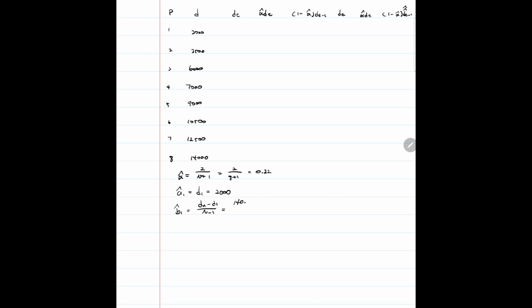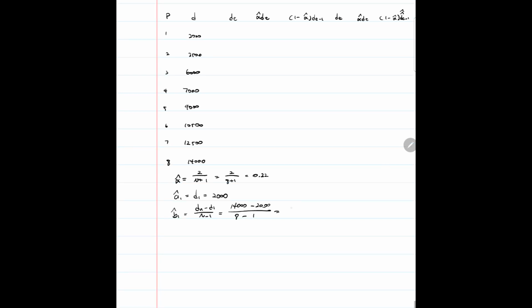It's 14,000 divided by 8 minus 1. It's gonna be 14.29. And we need the D1 hat, which will be A minus B1 hat times 1 minus alpha divided by alpha.